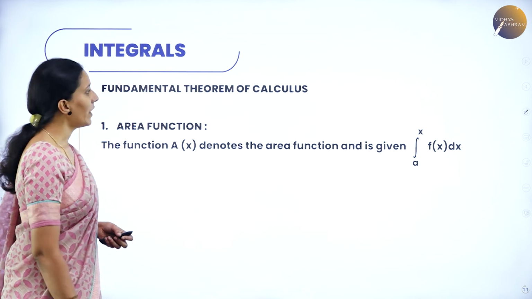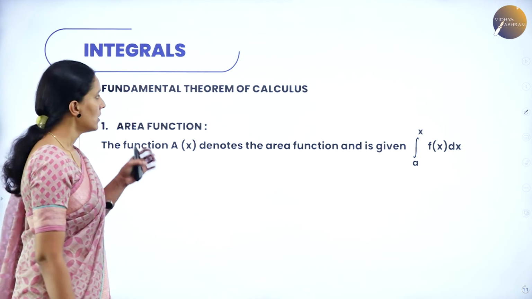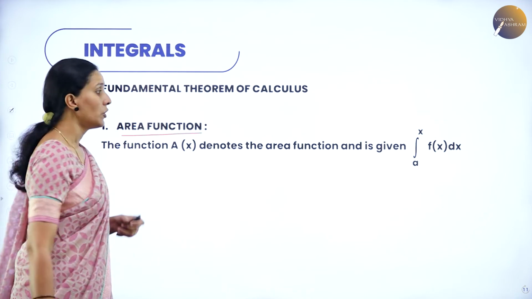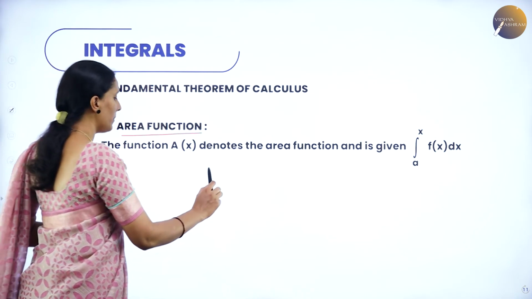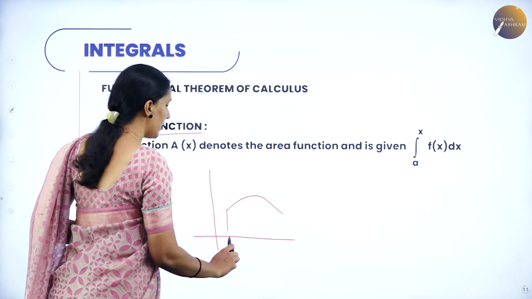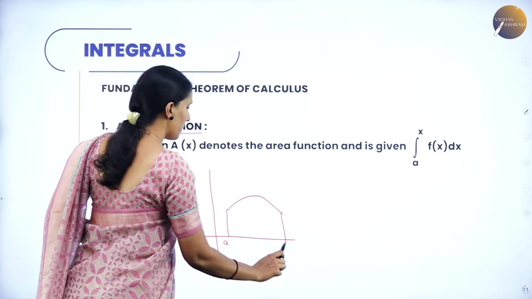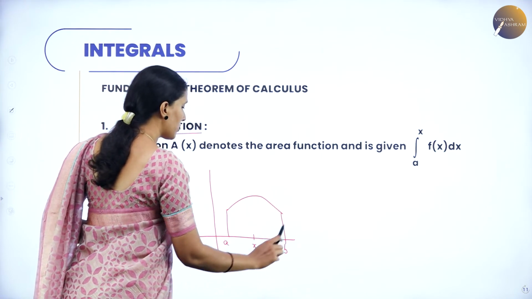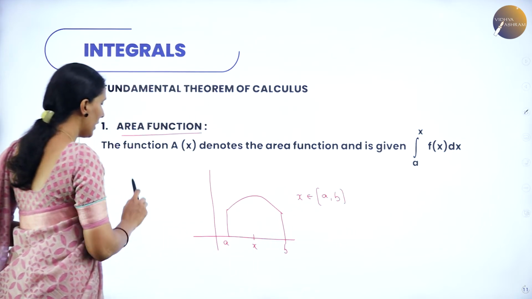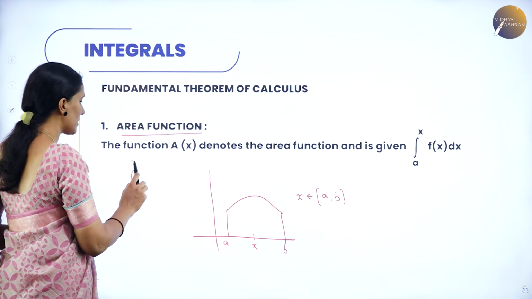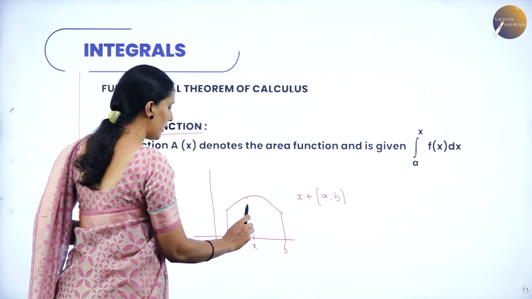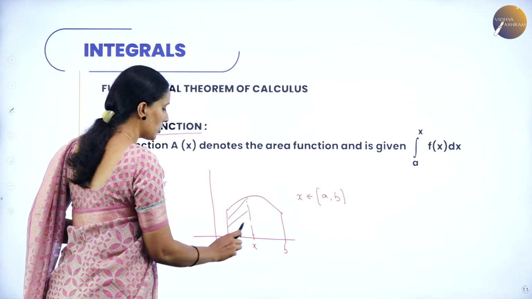Next, we have the fundamental theorem of calculus. First we will study the area function. So what is this area function? Let me take a curve here. So this is a curve. Let me take a and b as an interval. Let x be any point belonging to the closed interval [a, b]. Then the integral from a to x of f(x) dx is nothing but the area shaded here.